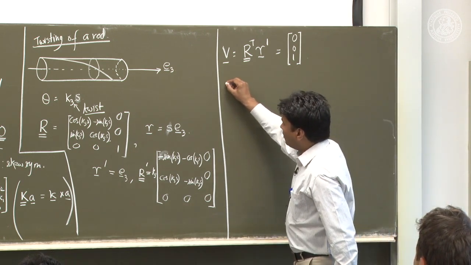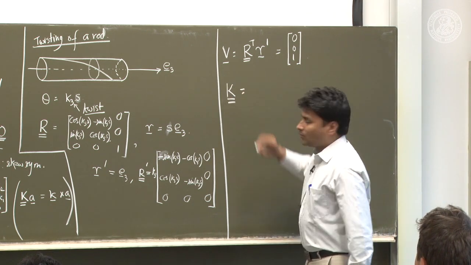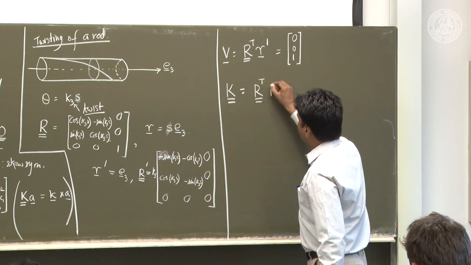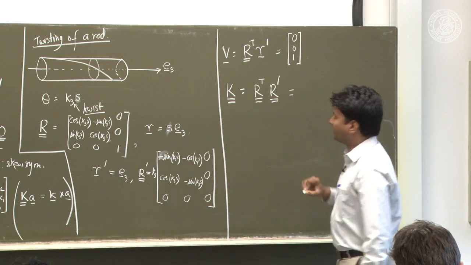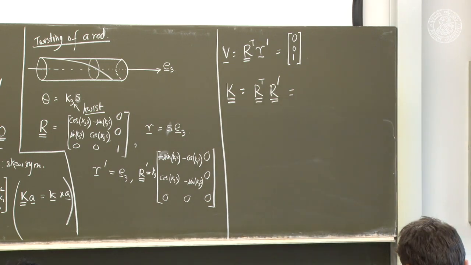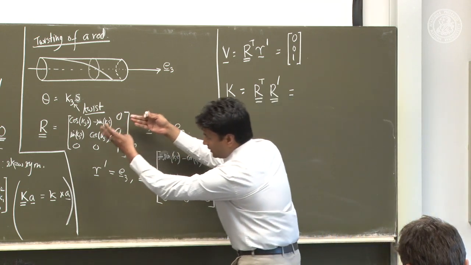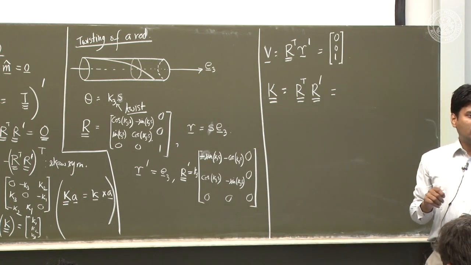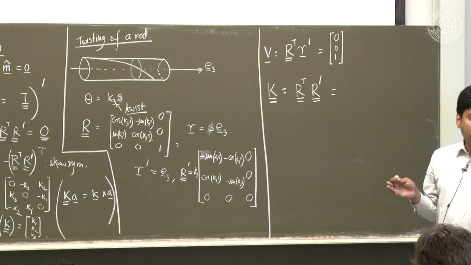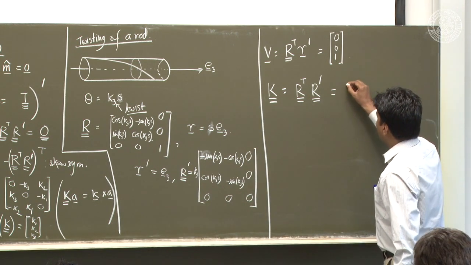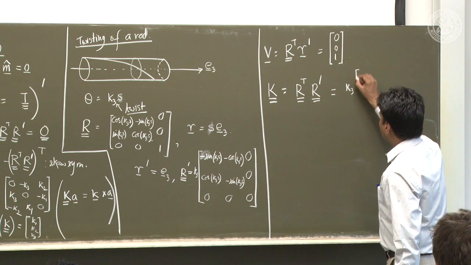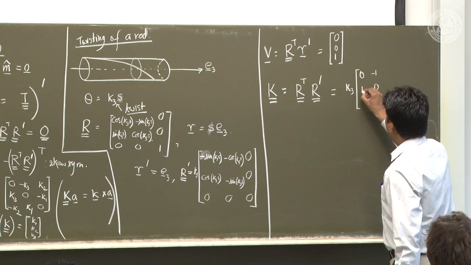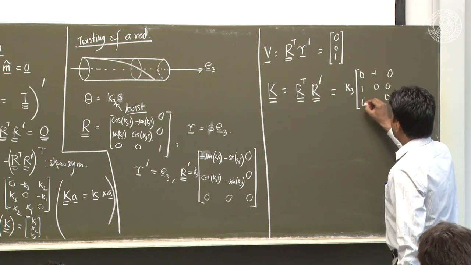Let us then talk about your big K. What is big K going to be? That is simply big R transpose big R prime. Then you just have to take its transpose and multiply with big R prime. Okay? And you work out the multiplication, and you will simply get K3 times the matrix 0, 0, 0, minus 1, 1, 0, 0, 0, 0.